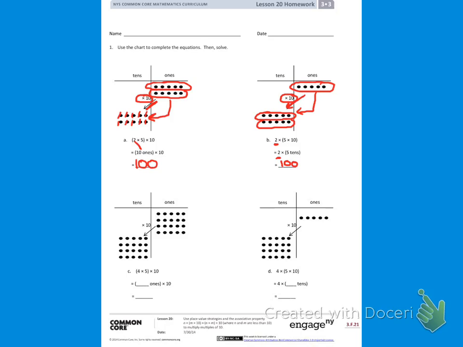Now 4 times 5 means 4 groups of 5, and I'll circle them here. 1 group of 5, 2 groups of 5, 3 groups of 5, 4 groups of 5. And 4 times 5, let's count those out. 5, 10, 15, 20. 4 times 5 is the same thing as 20 ones.